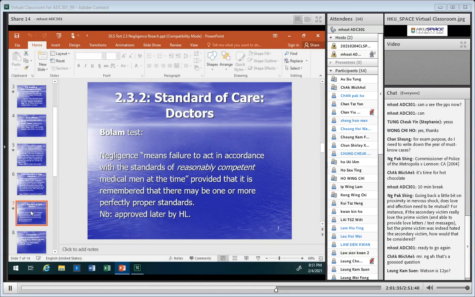So you have to come up to the standard of a reasonably competent medical practitioner, whatever that is at the time, and there may be one or more perfectly proper standards. It really depends on what the expert evidence presented to the court is.